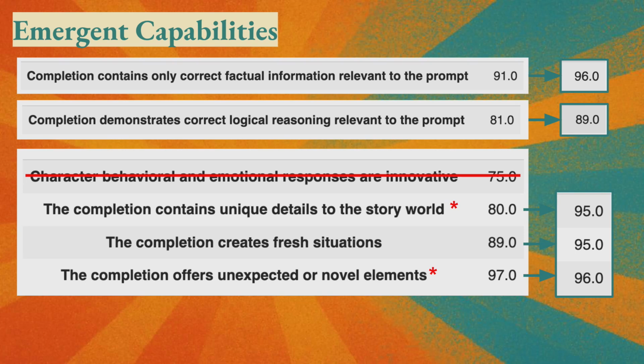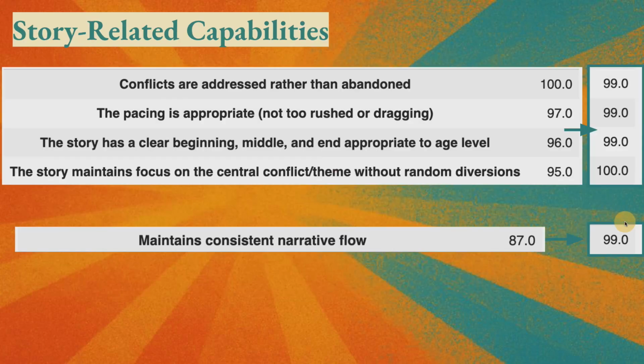So for all three of these creativity criteria, a massive improvement for the unique details from 80% to 95%, and the other two either stayed close with the 97 to 96 slight drop, or the fresh situations improved from 89 to 95%. So creativity, which is going to be one of the most important things I evaluate as model sizes increase, is good to go.